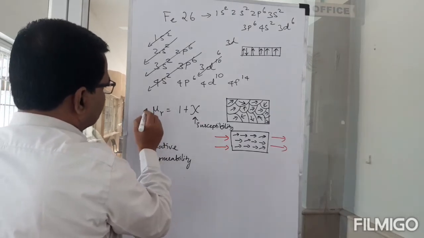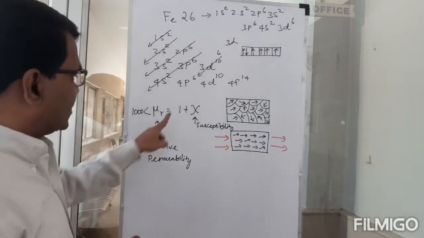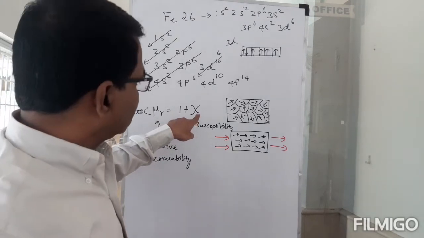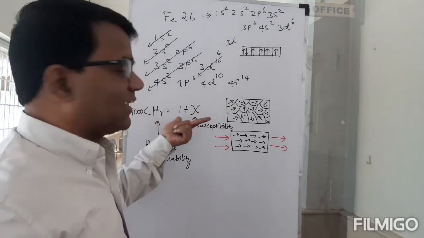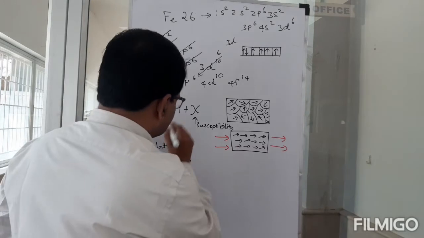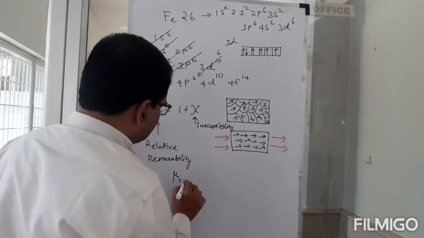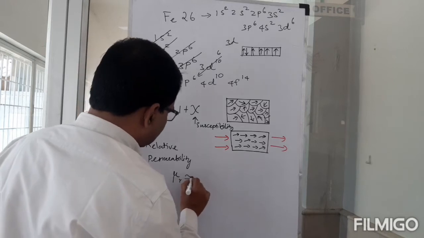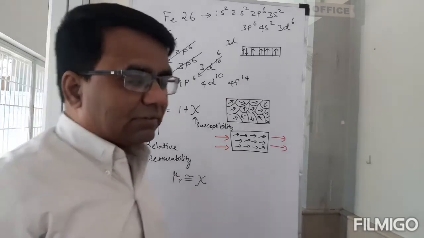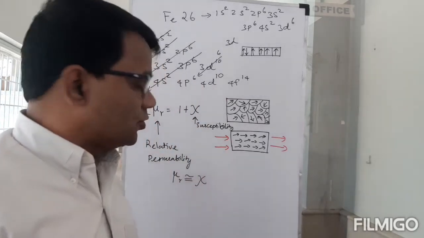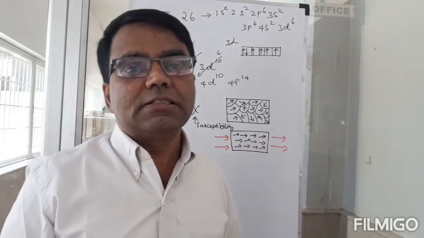So this is 1 plus χ, so this is almost equal to μr because 1 can be ignored. So you can say that in the case of ferromagnetic materials, μr is approximately equal to χ. The relative permeability is almost equal to the susceptibility in the case of ferromagnetic materials.